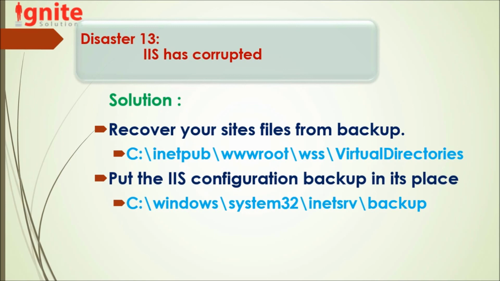It is so easy. Reinstall IIS, get back the files I showed you to back up that contain the virtual directories, and put the backup file you have made in its place as I told you before. It is shown before you now on the screen.